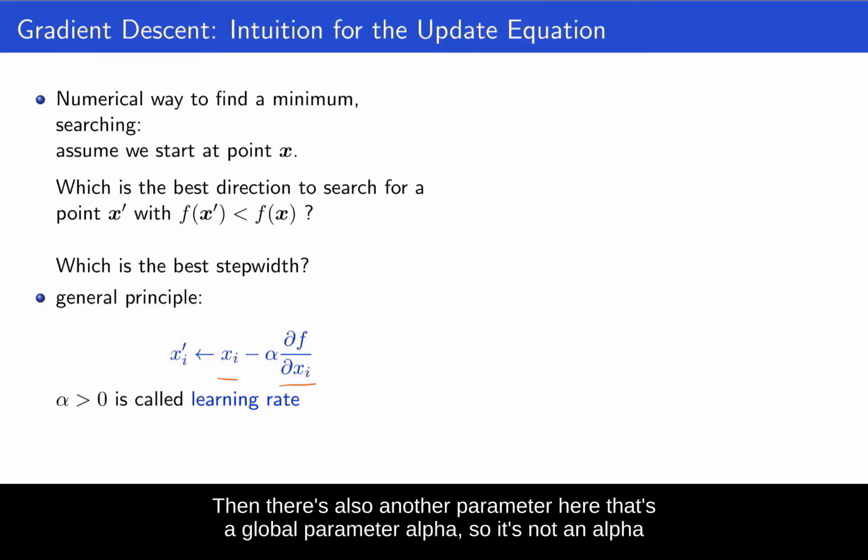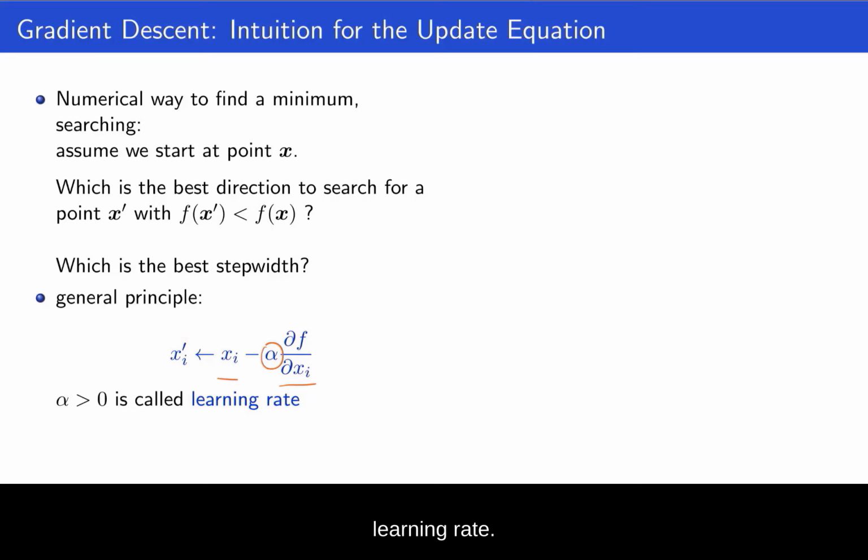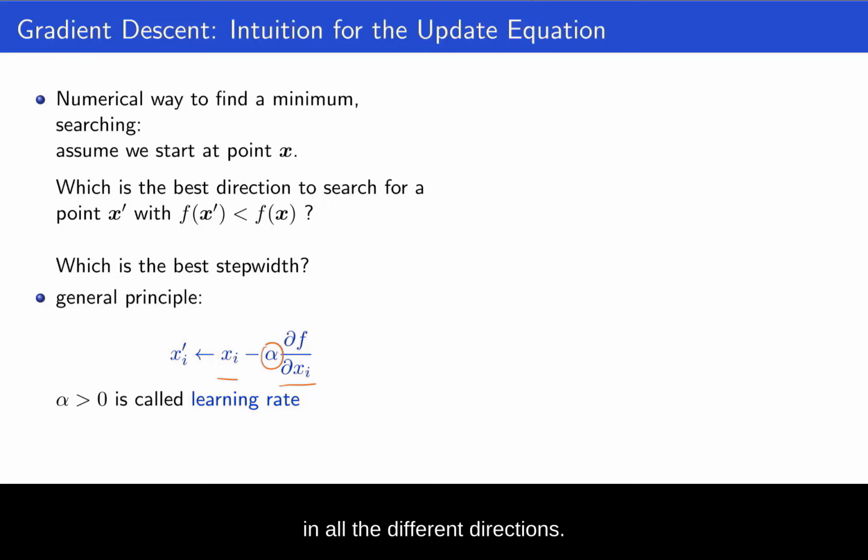And then there's also another parameter here that's a global parameter, alpha. So it's not an alpha sub i, but an alpha that applies to all the different i's. This is called the learning rate. And this learning rate acts as a multiplier to the size of the step that we're taking in all the different directions.